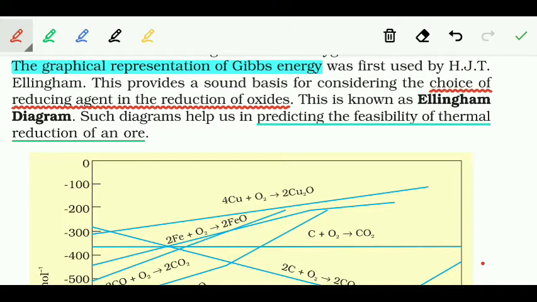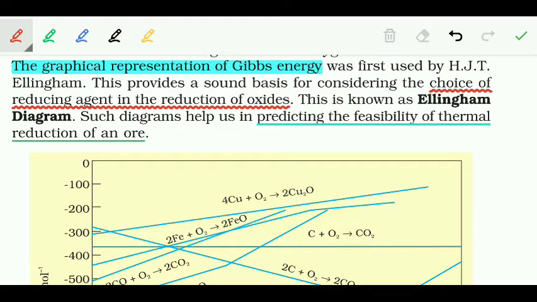So the first point: the graphical representation of Gibbs free energy was first used by H.J.T. Ellingham. In the thumbnail of the YouTube lecture, you also saw the picture of H.J.T. Ellingham. He was the scientist who gave this diagram, the Ellingham diagram.